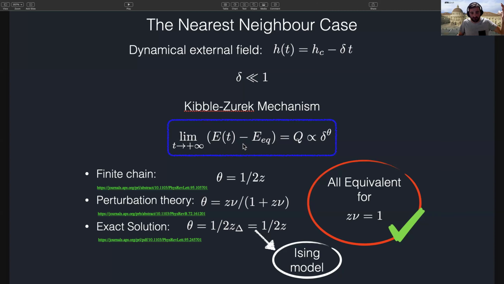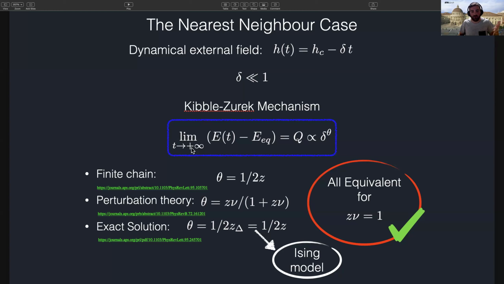So you ramp the system through a critical point, and when you go at very large times, here I write time to infinity, but what's actually important is just that the time is much larger than the time at which the system was at the critical point.